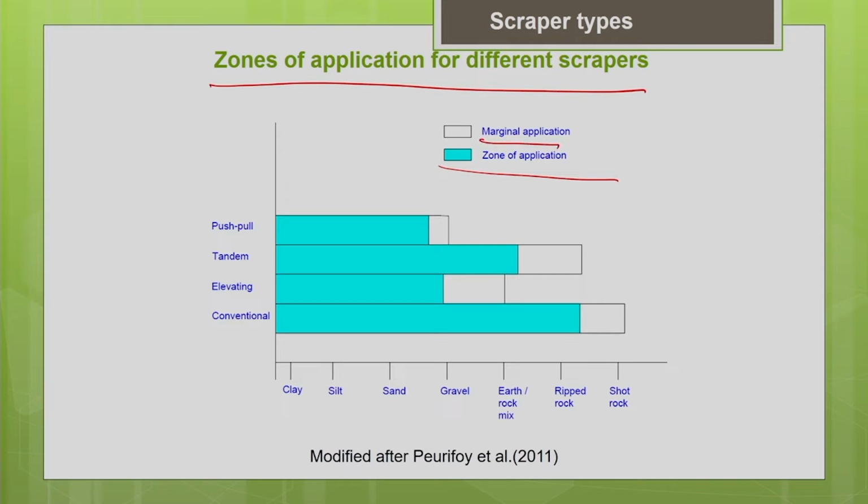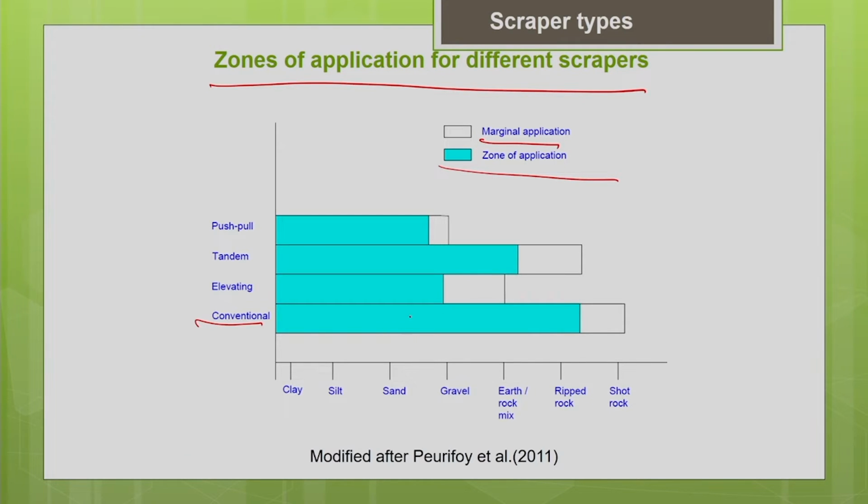The conventional pusher-loaded scraper has a wider zone of application with respect to material type. It can easily handle most materials, and marginally it can handle shot rock, but overall its zone is wider when compared to other types of scraper. The elevating scraper cannot be used comfortably when handling rocks.